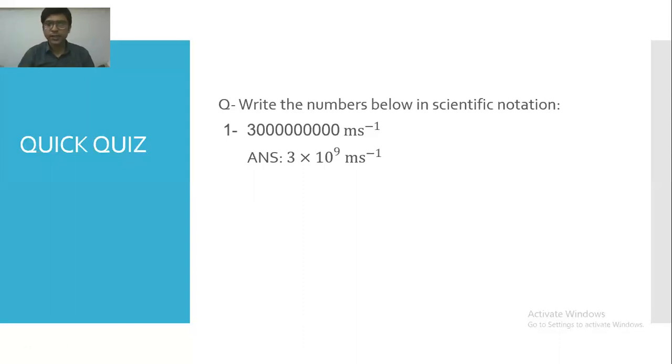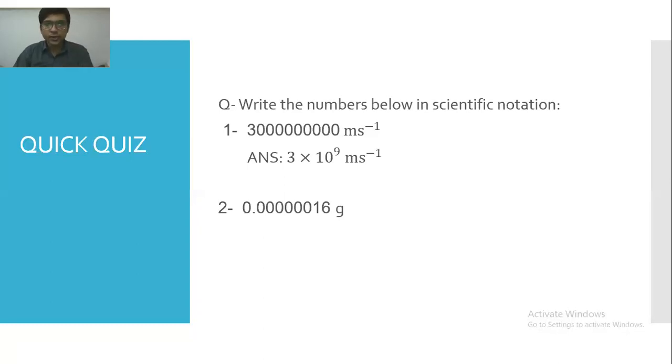Okay. Similarly, I have another example. In this example, I have a number, 0.00000016 grams. This is a very small number. Now I have to write it in scientific notation, in standard form. So in standard form, where do I need my decimal? I need my decimal here so that it becomes 1.6, because I just need one non-zero digit before the decimal.